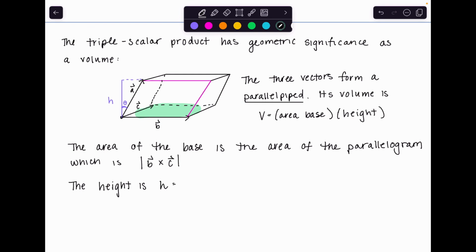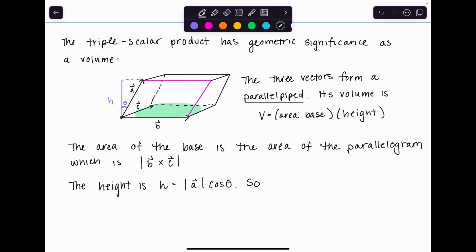Which I can write in terms of A and the angle between H and the vector A. So cosine of theta would be the adjacent over the hypotenuse. In this case, the hypotenuse is A. So rearranging it, H is the magnitude of A times cosine of theta.